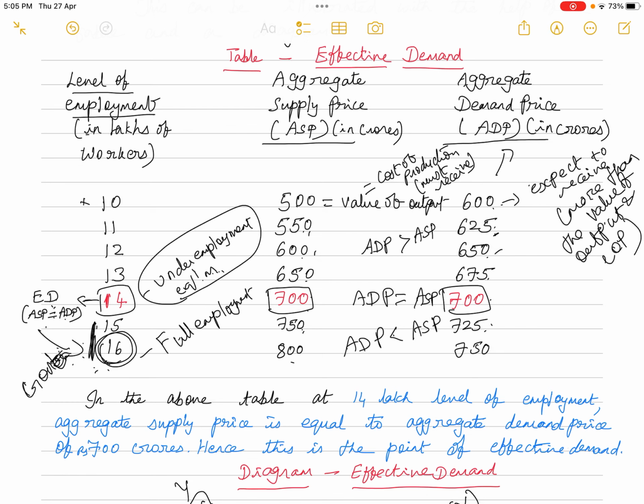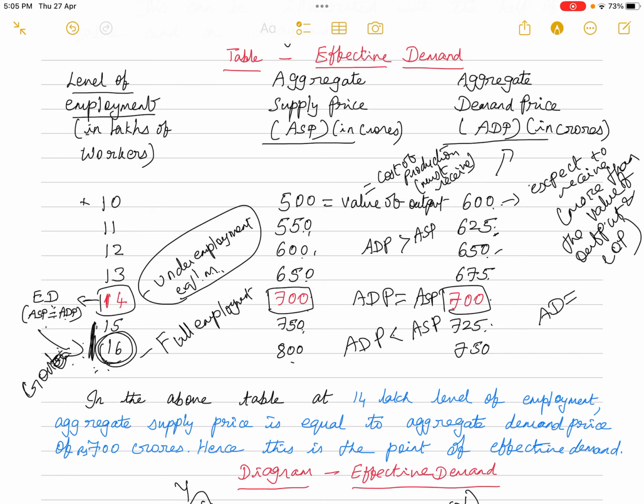The government should enter into the economy. The government should start spending some money. The government should spend for some welfare activities in the country. So there is one more sector entering into the economy, starting to spend for goods and services. So from C plus I it will become C plus I plus G. So automatically the effective demand in the country will increase. Now you can understand that aggregate demand increases. AD is the C plus I, isn't it?